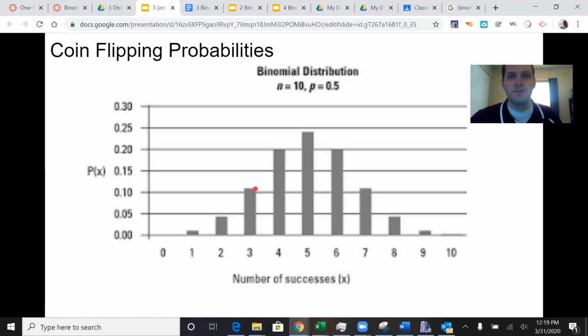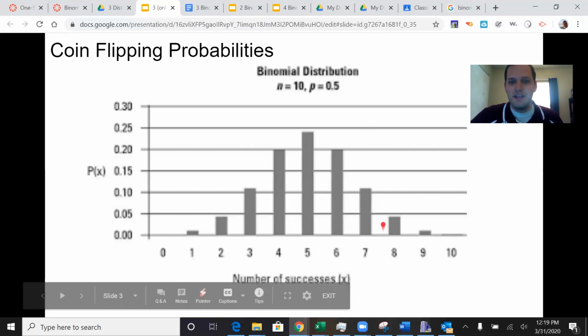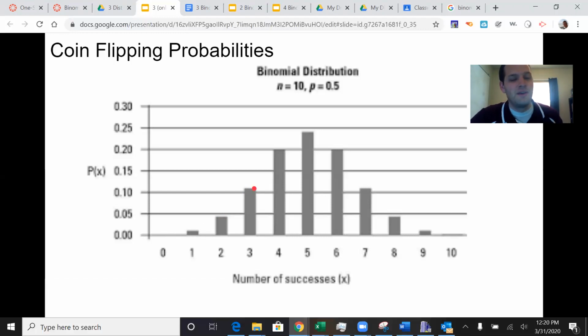If we want to know the probability that at most 7 are heads, well, your calculator adds everything up to the 7. So it'll add 0 plus 0.01 plus 0.04 plus 0.11 plus 0.2 plus 0.24 plus 0.2 plus 0.11. It would add all those together, and that'd be the combined probability for the CDF function.